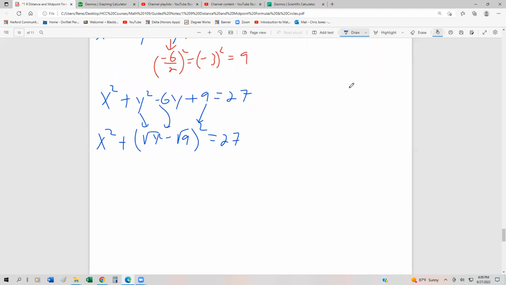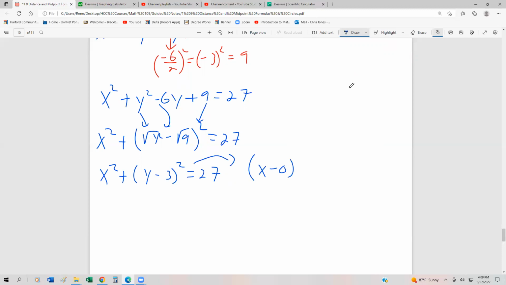And so one way to write this could be x squared plus y minus 3 squared equals 27. Another way to think about this is x minus 0 squared plus y minus 3 squared equals 27. And the reason you might want to think of it that way is to identify what the center and the radius of the circle are going to be.